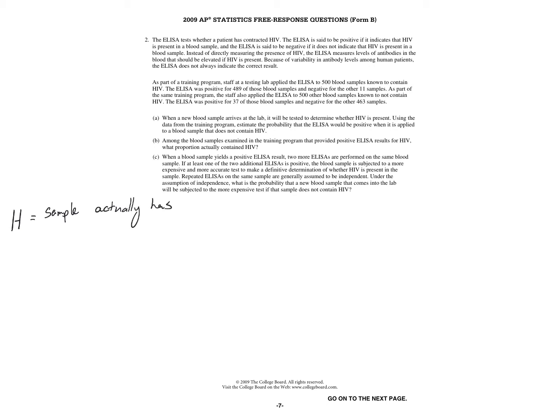And this is coming from some sort of previous information, and they're telling you that we know it for sure, or we know that it doesn't for sure. And then let's say the event E is going to be this ELISA test is positive.